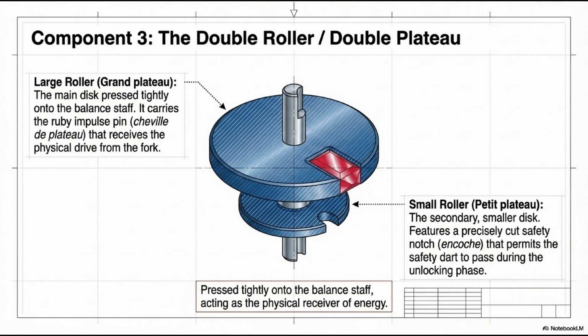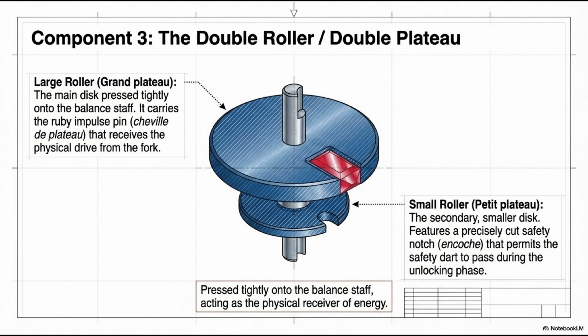The lower, smaller disc is the petit plateau, the small roller. Its job is safety. Cut into the edge of the small roller is the safety notch, l'encoche, that precisely shaped cutout visible in the diagram. During the supplementary arc, when the balance swings freely, the safety dart on the pallet fork runs against the solid outer circumference of the small roller.